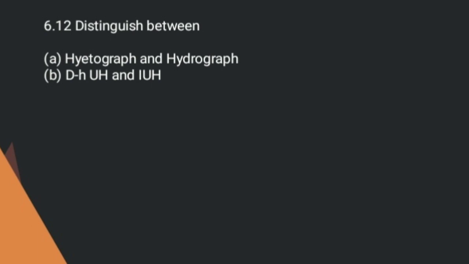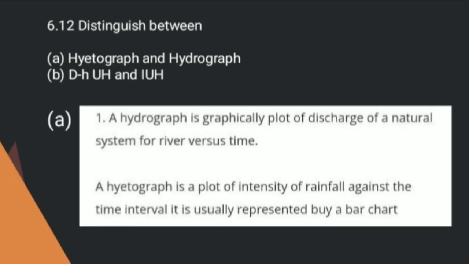6.12 Distinguish between A. Rainfall hydrograph (hyetograph) and hydrograph, B. DRH, UH, and IUH. A. Number 1. A hydrograph is a graphical plot of discharge of a natural system or river versus time. A hyetograph is a plot of intensity of rainfall against time interval.